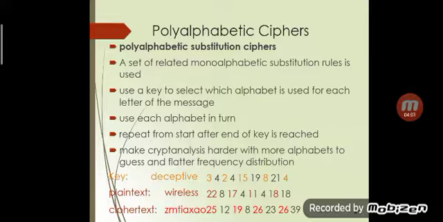So first we represent the key according to the rule.